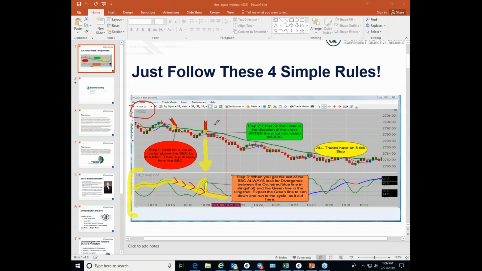This price action up here, the normal thing, pulling back to the BBC with the down close, with the green line pulling away, combined, is saying this price action up here might be just an air pocket or a pop-up in this ongoing downtrend. That's what this separation or divergence down here in the slingshot is suggesting.